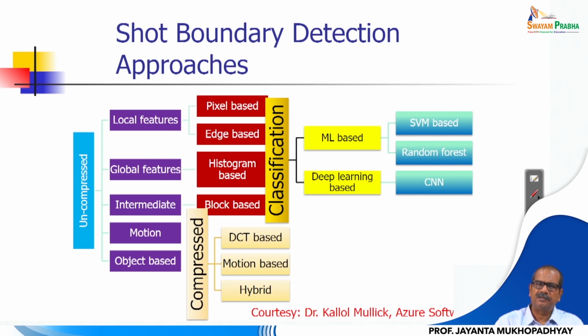That is an uncompressed stream, where you can store the frames in a buffer and process them to identify the shot boundaries. Even if you have the video in compressed form, you can always apply decompression and work with the uncompressed frames.